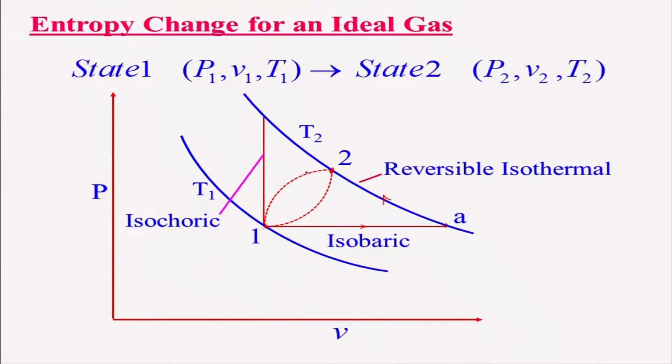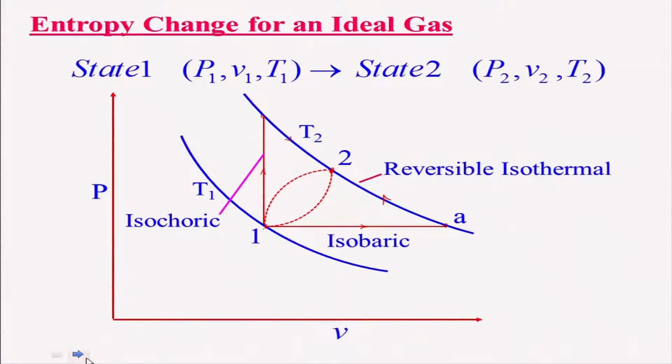Again, between them it can take two paths: one is an isochoric path, and then it returns to state 2 with a reversible isothermal process, and this is also a reversible isochoric path.